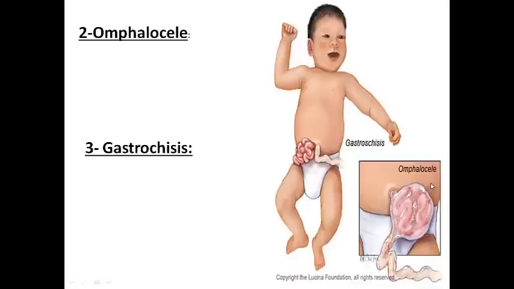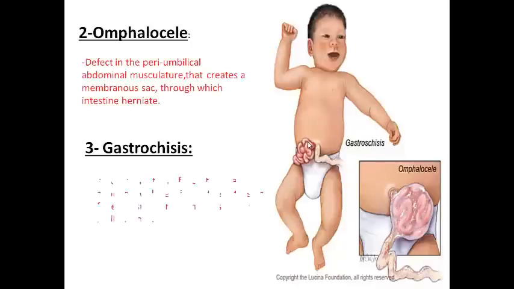In this anomaly, the herniated part is going to be herniated within a sac, so it's going to be closed by this sac. Whereas here, the herniated part is not within a sac, which means that the intestines are going to be herniated through one side of the umbilical cord freely outside.